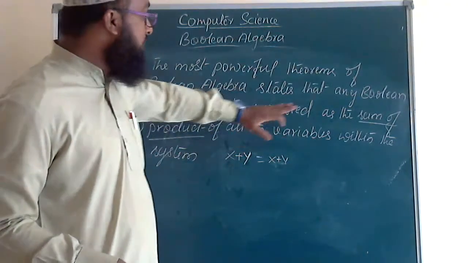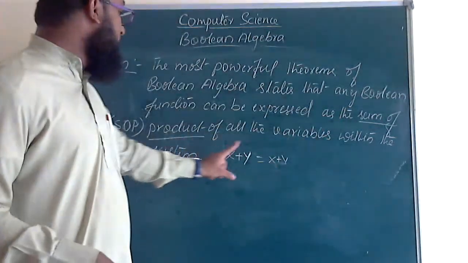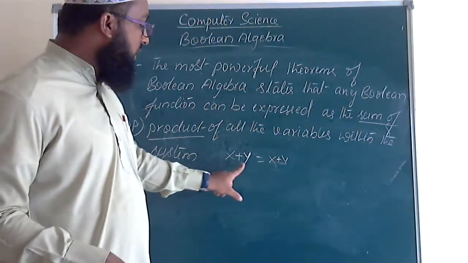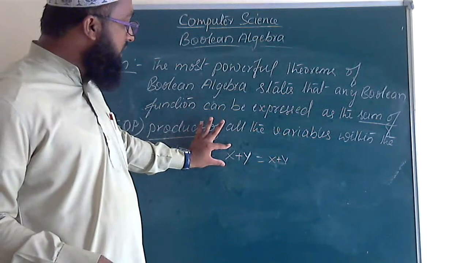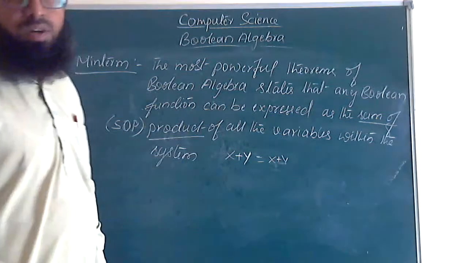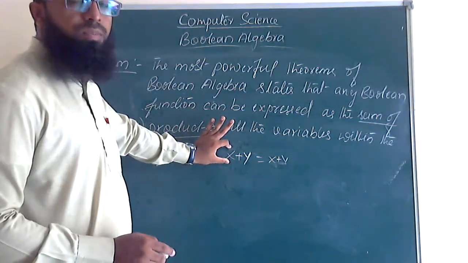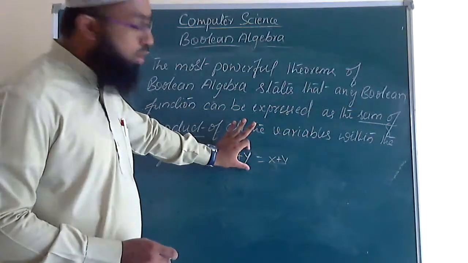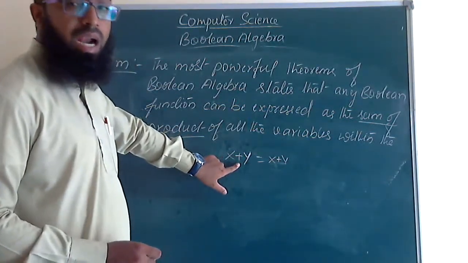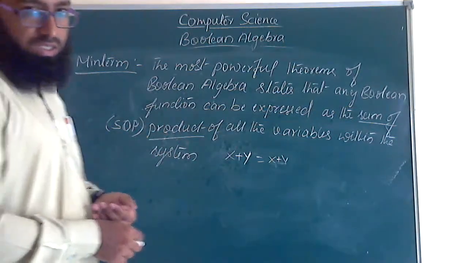So any Boolean function can be expressed as the sum of product of all the variables. This is also a variable, this is also a variable. We have product of many variables here, and here also, then we are making it a sum. Here sum means adding, that is called sum of products.